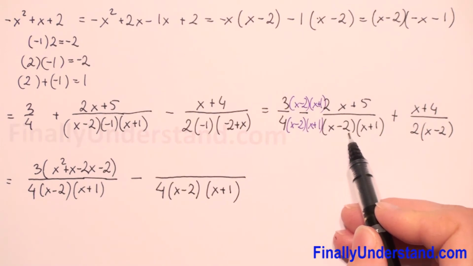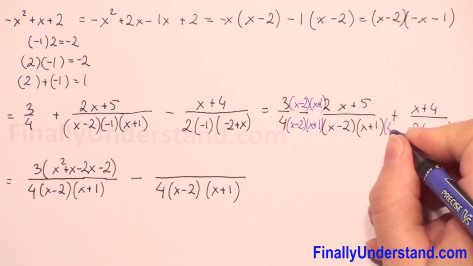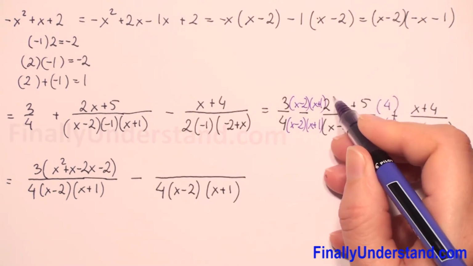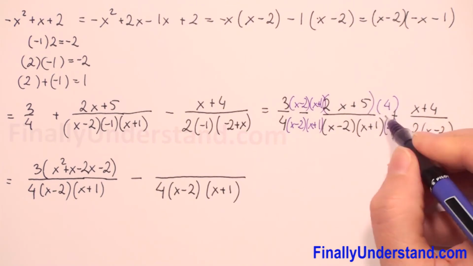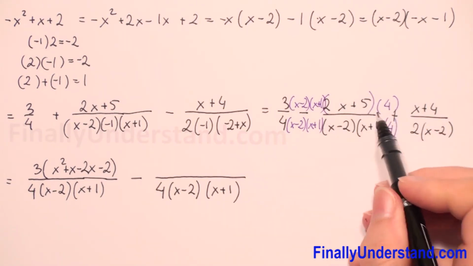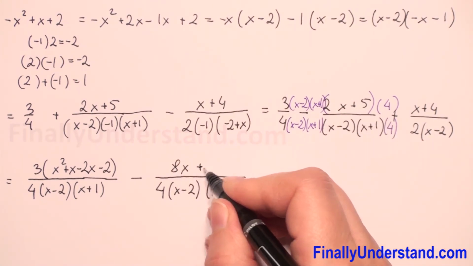Here we have x minus 2 and x plus 1. We don't have 4, so we need to multiply by 4. Denominator and numerator we have to multiply. So 2x plus 5 we need to multiply by 4. So it will be 2x times 4 is 8x, 5 times 4 is 20.